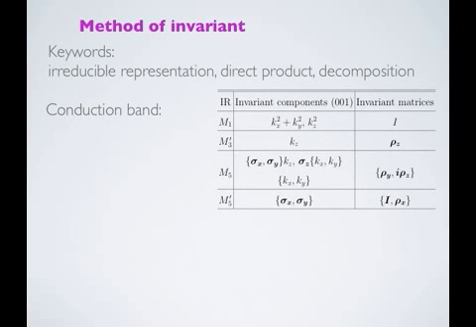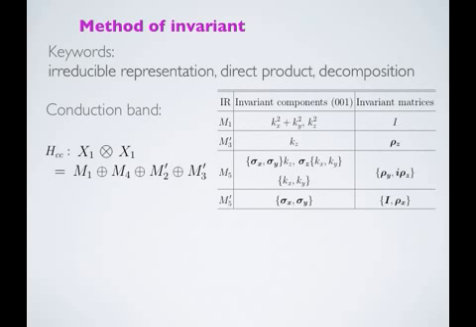The conduction band basis belongs to X1. So we take the direct product of X1 with itself and decompose it as the sum of 4 representations. Then we associate the corresponding invariant components and invariant matrices accordingly.